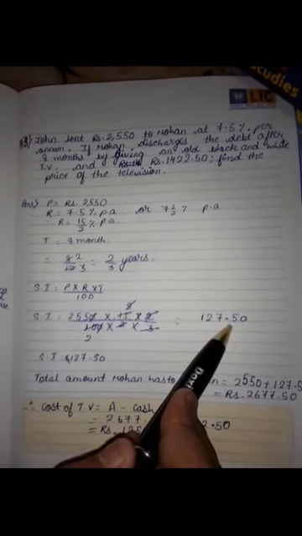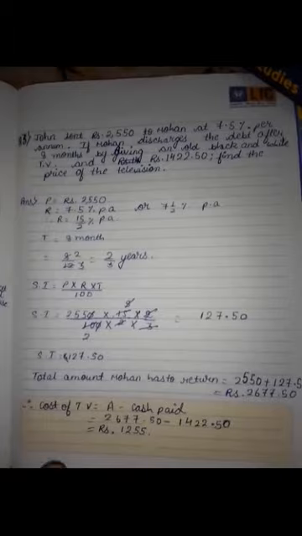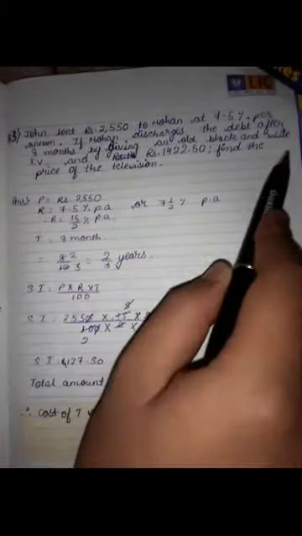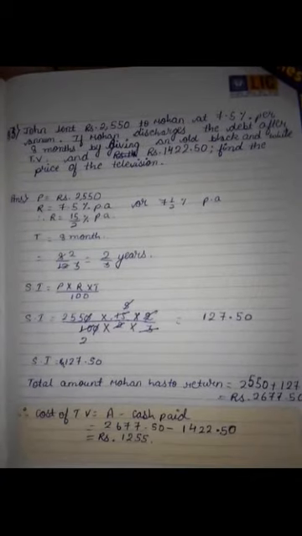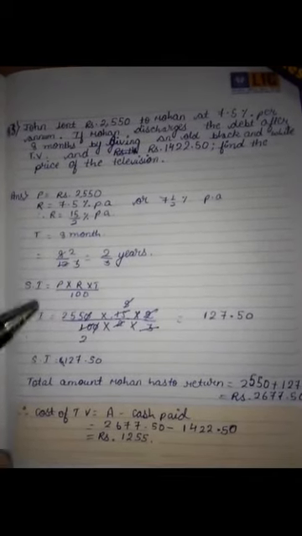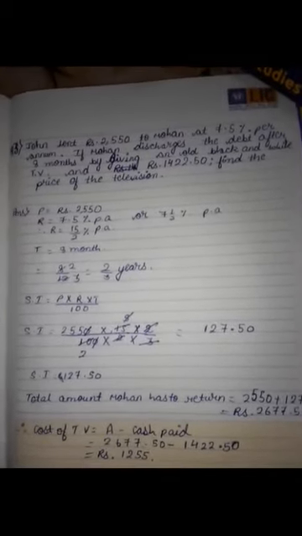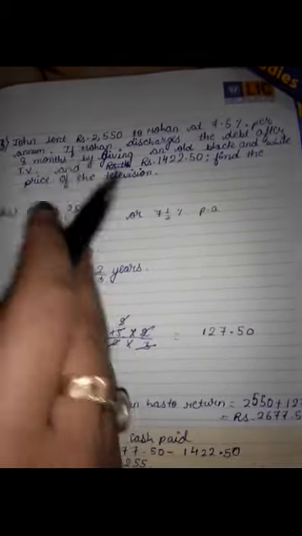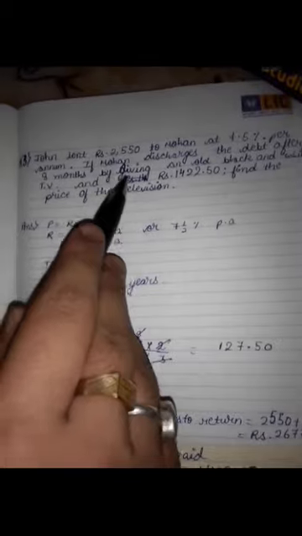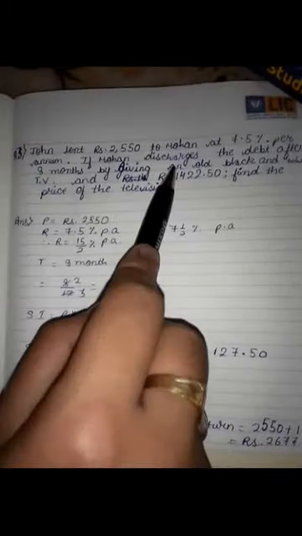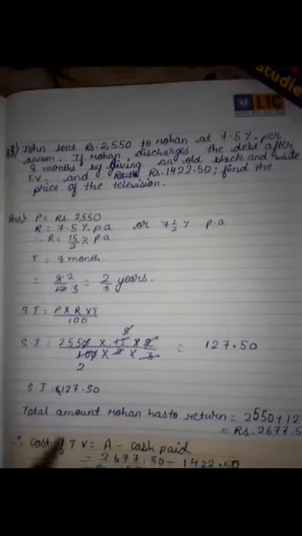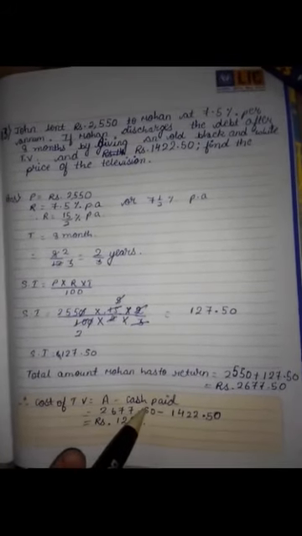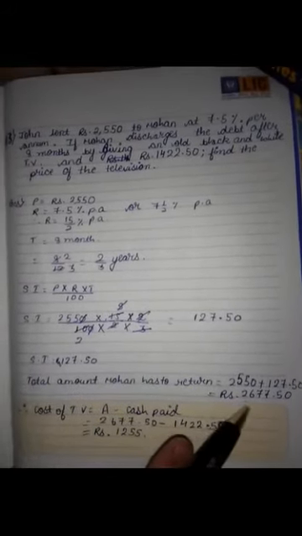On putting the values and solving, we get the simple interest as 127.50. Now, in this question, you have to find out the cost of the black and white TV. But in this, he is not paying only cash. He is paying some cash plus a black and white TV as a return of debt. So here we have to subtract the cash paid by him from the total amount.